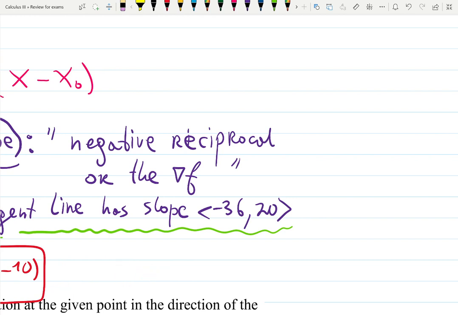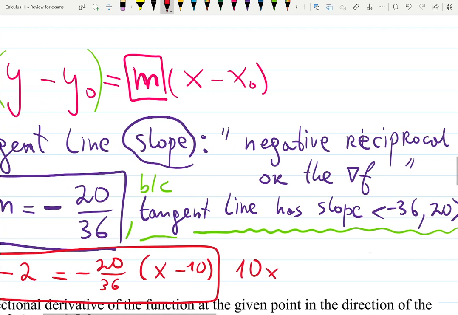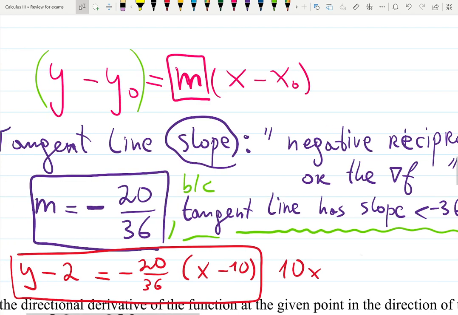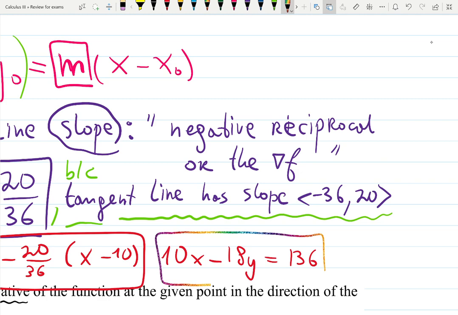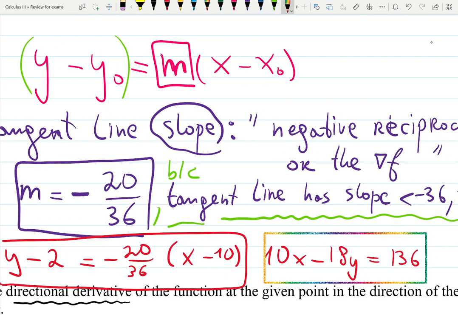I'll just write down instead of everything: 10x minus 18y equals 136. This is the equation you will get if you multiply everything by 36.